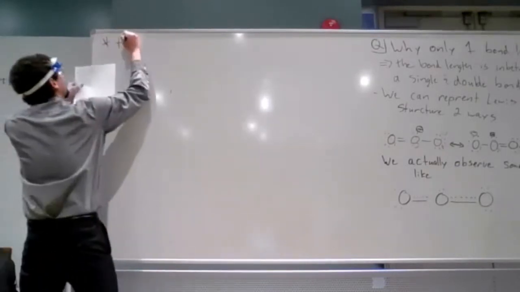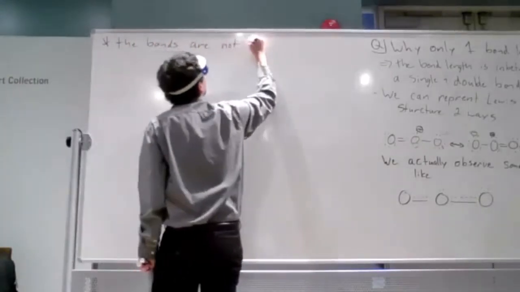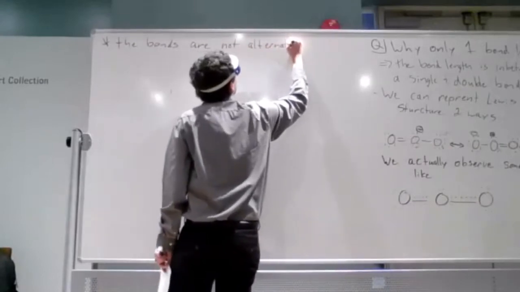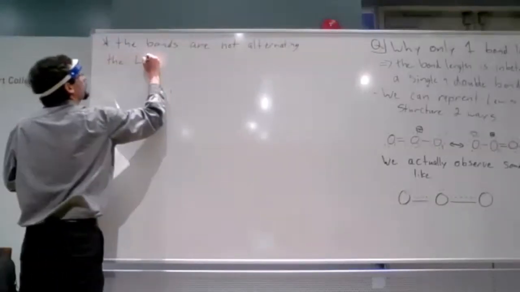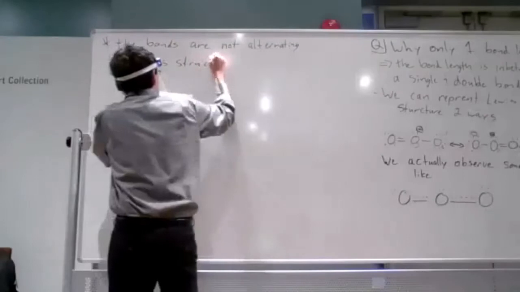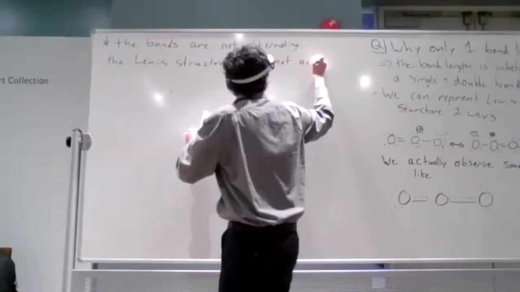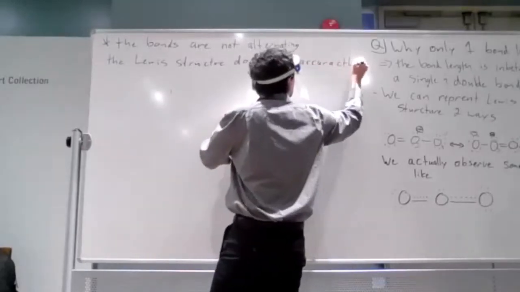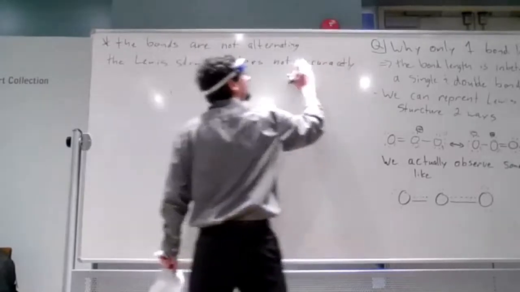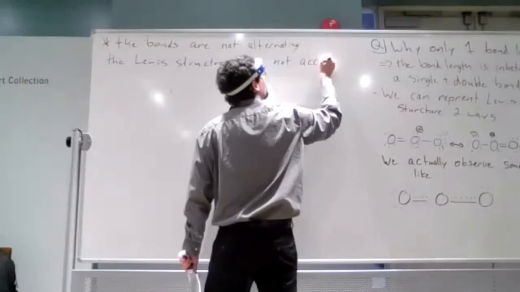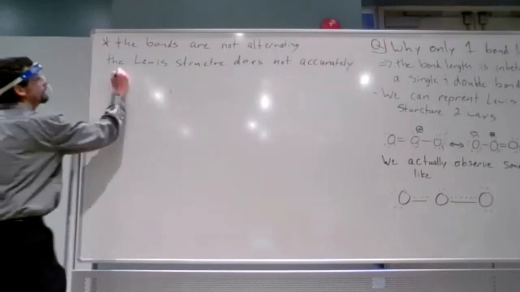It's just that the Lewis structure can't do a good job. Lewis structure does not accurately describe the bond. How do we spell accurate? Right. Accurate. Does not accurately describe the bond.